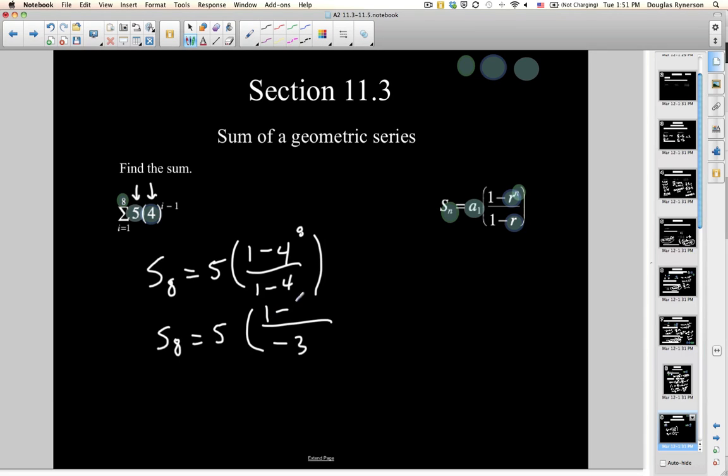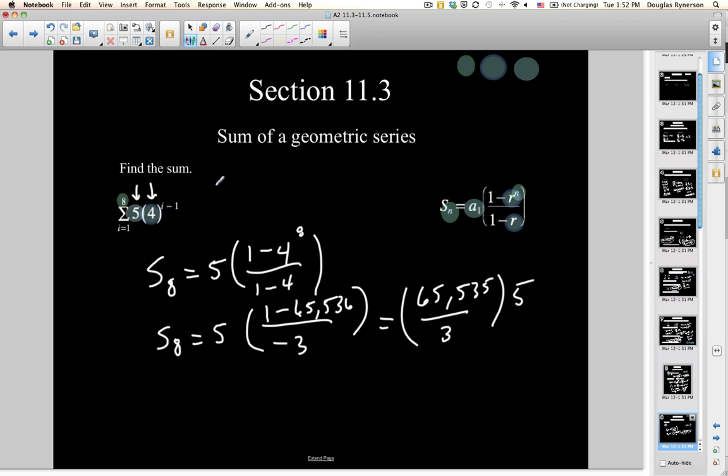So it's 1 minus 65,536. So this will be equal to 65,535 divided by 3, all times 5. So the sum of 8 terms is equal to 109,225. Okay, so certainly much faster than finding the 8 terms and adding them together.